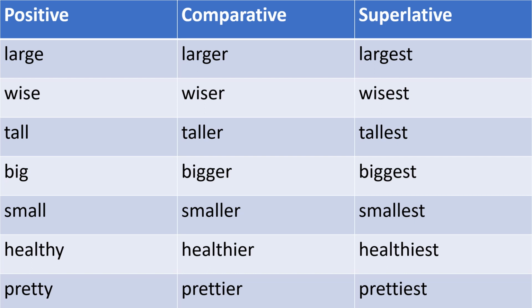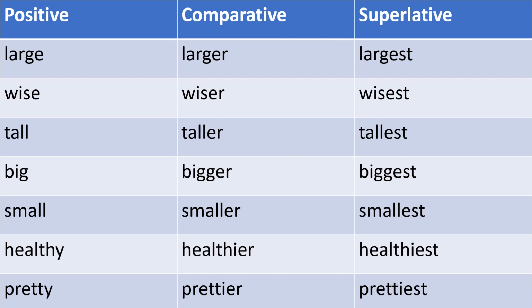So we have large, larger, largest, wise, wiser, wisest. Then in tall, big, small, we added ER into comparative and EST in superlative. So tall, taller, tallest, big, bigger, biggest, small, smaller, smallest.